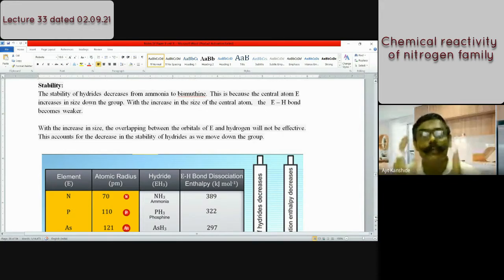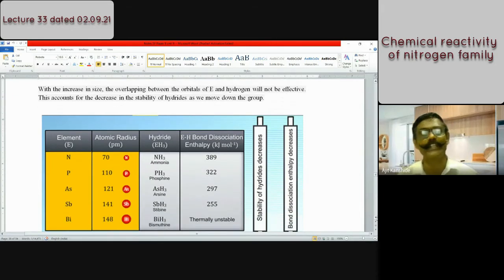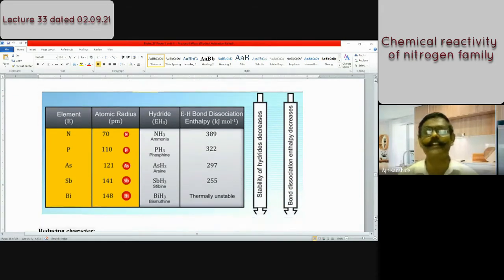It is because of atomic size. If separation increases, bond strength will decrease. If bond strength decreases, the bond breaks easily, so stability will be less. So what is the reason for the decrease in stability from top to bottom? It is the atomic size of the central atom.